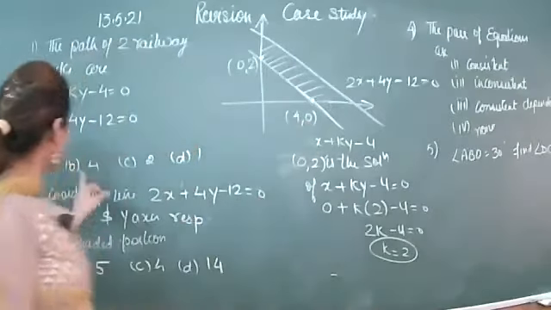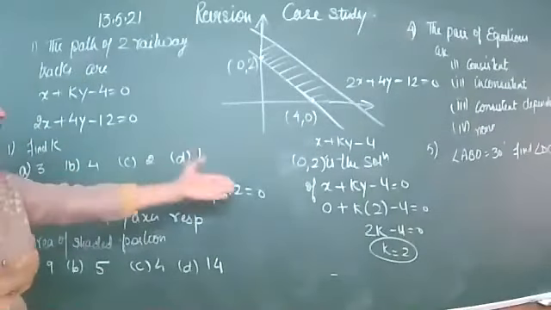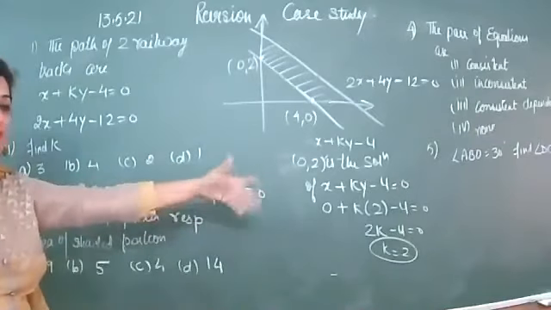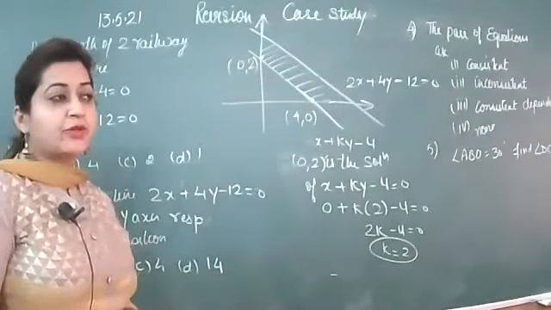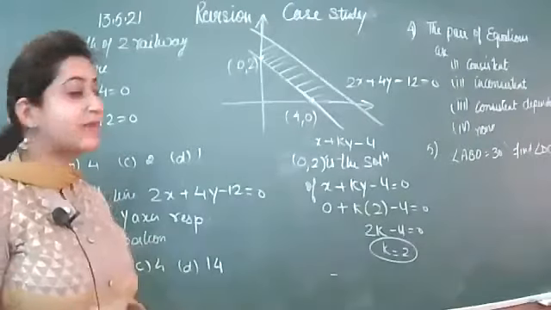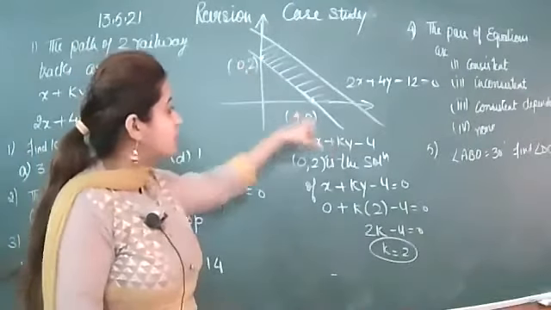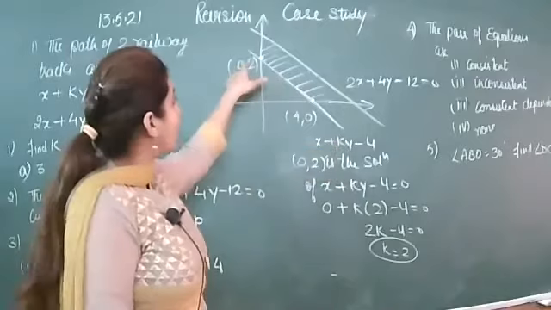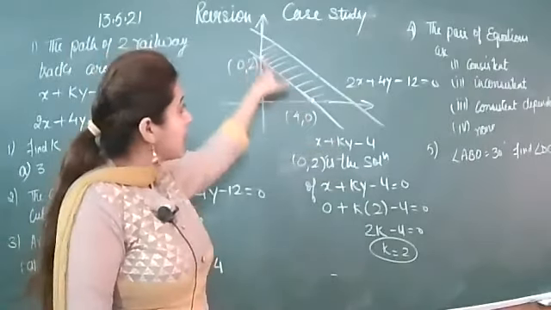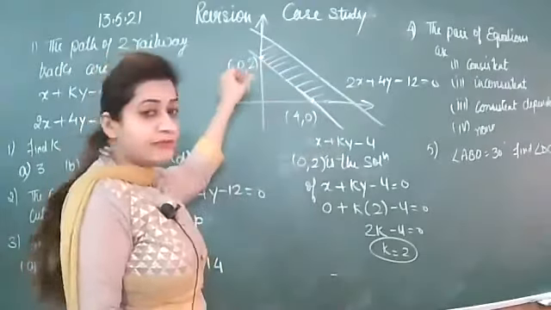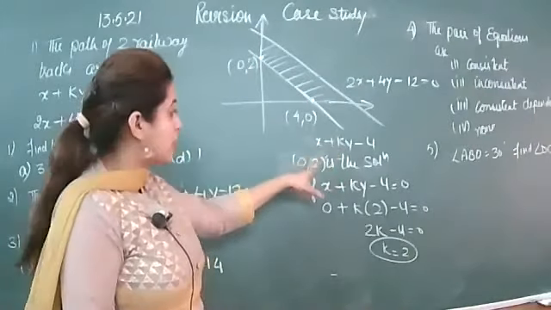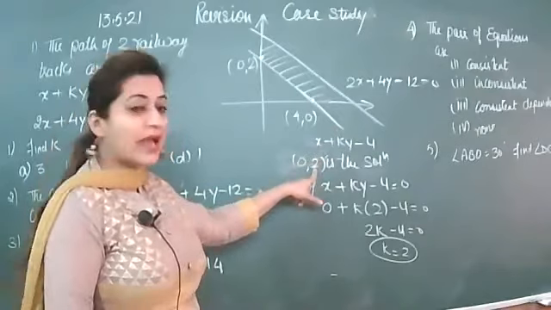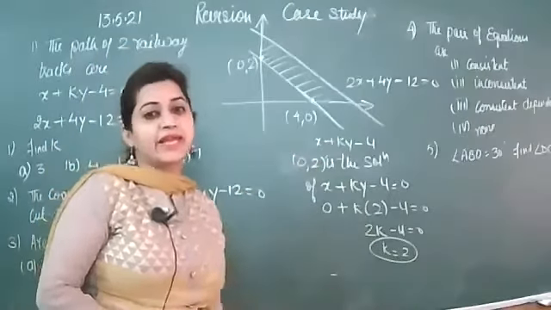You can find the value of k by using the condition that I have already shown you before, or in the second method, you can put these values in the equation, because both the values are lying on the graph and the coordinates which lie on the graph are the solution of the equation. So if you put x as 0, y as 2, the answer is again k as 2.